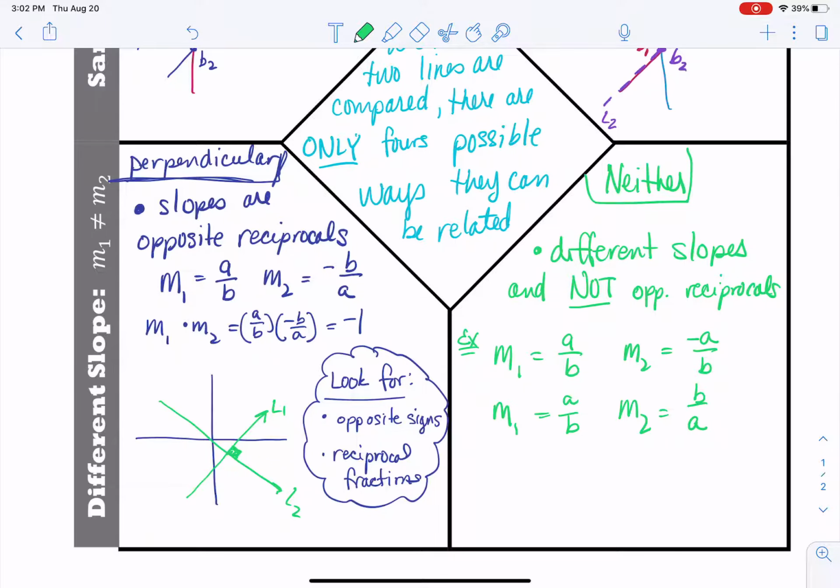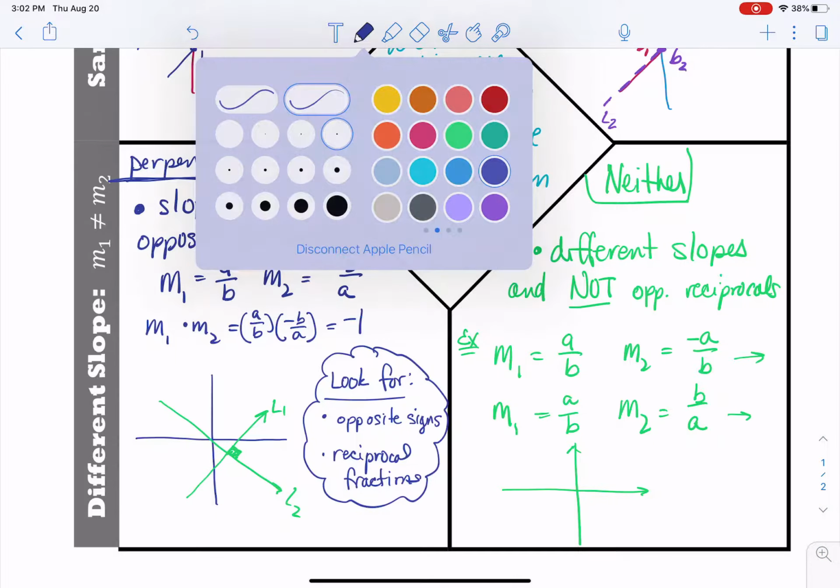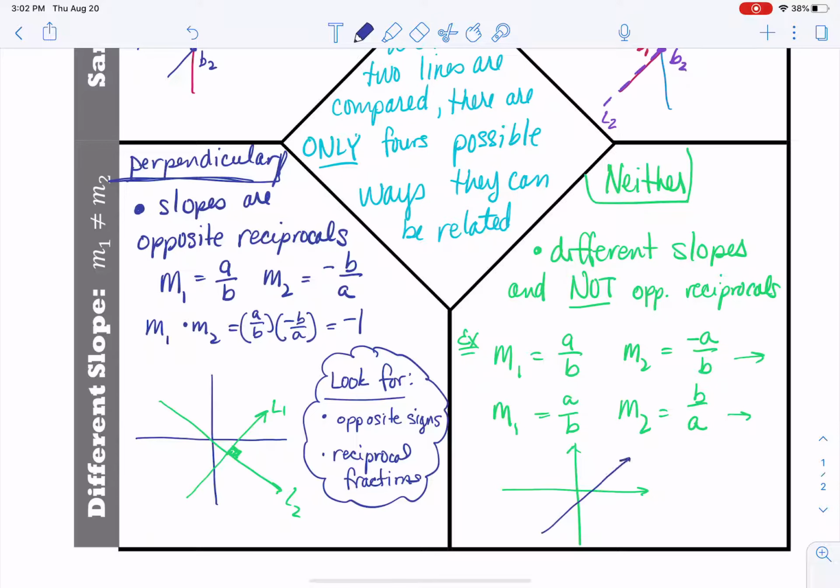Notice that they meet one of the criteria, like this first example, there is a negative. They are opposite signed, but they are not opposite and reciprocals. In number 2, they are reciprocals, but they are not opposite signed. And so what that looks like on a graph is if I have line 1 that goes like this, and line 2 that goes like this.